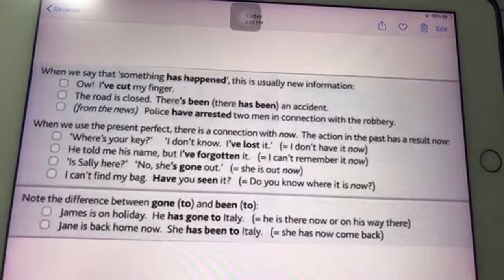Okay. Please read. Example number 1. Where's? Okay. Meaning, I don't have it now. Okay. Next one. Okay, meaning, I can't remember it now.